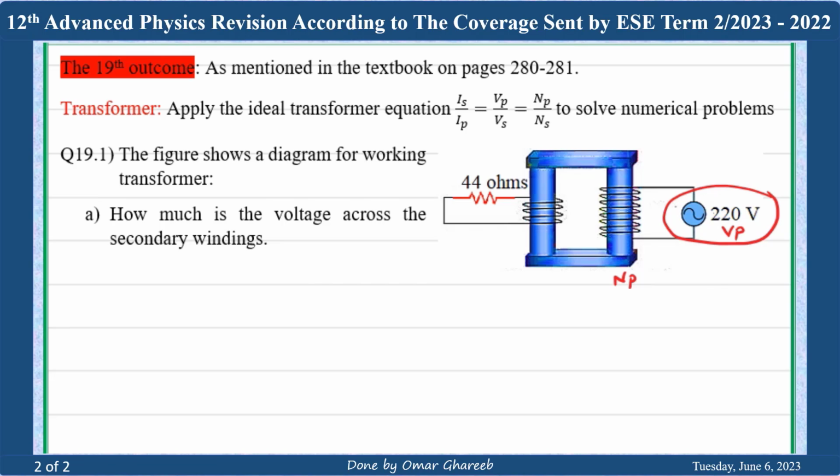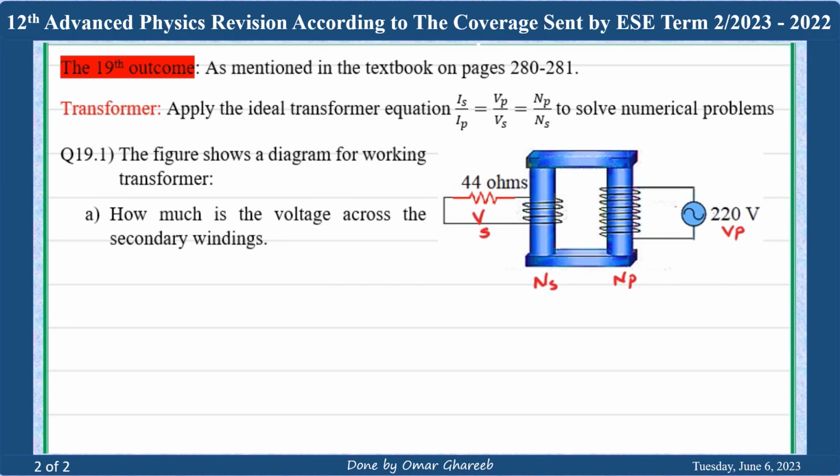The other coil with the device that will operate by this transformer is the secondary. So this is NS, and it has VS. And the question needs that VS. Now, if you search in the question, you will not find NS or NP, neither the ratio between them.